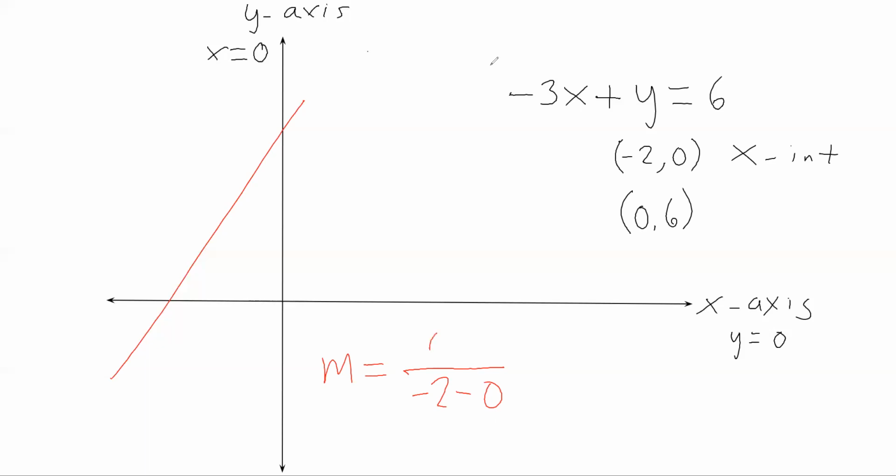If you do this wrong, you get the wrong sign for the slope. So that works out to be negative 6 over negative 2, and negative divided by negative is positive, so we end up with a positive 3.